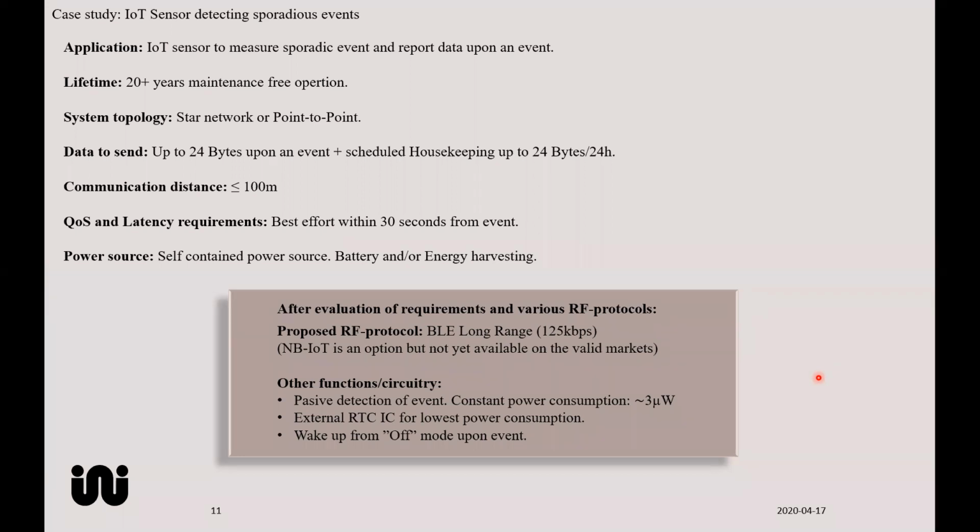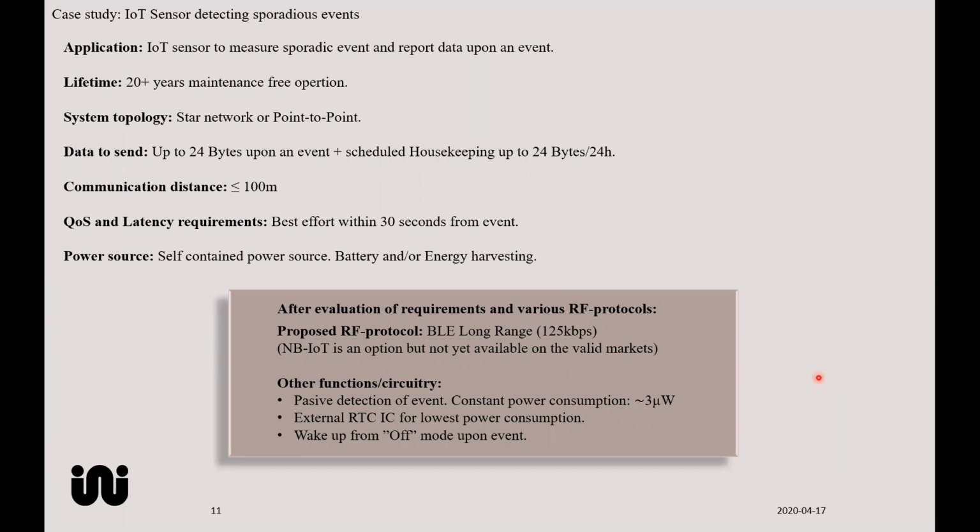Other functions or circuitry in this sensor node is that we have a passive detection circuitry that will detect the event that the whole idea is to monitor. And this passive detector will consume approximately 3 microwatts.